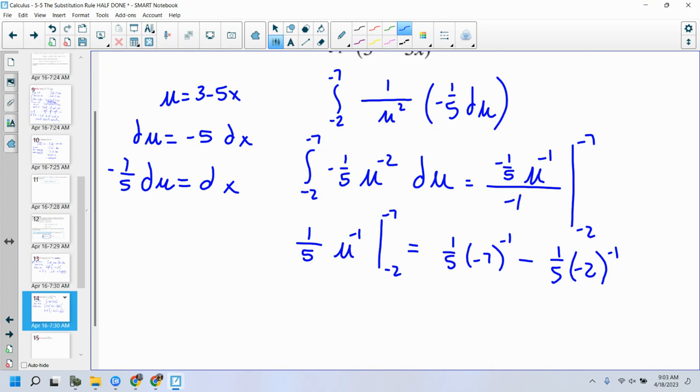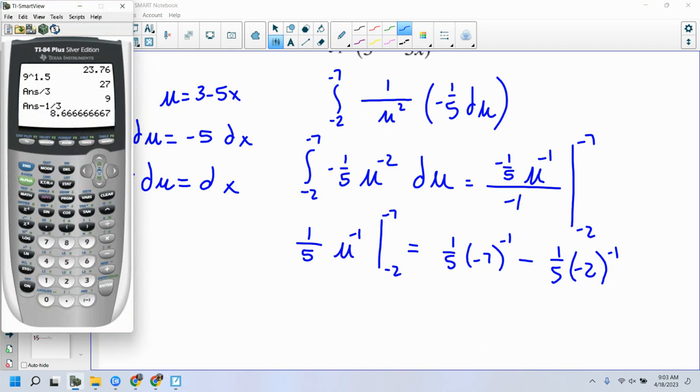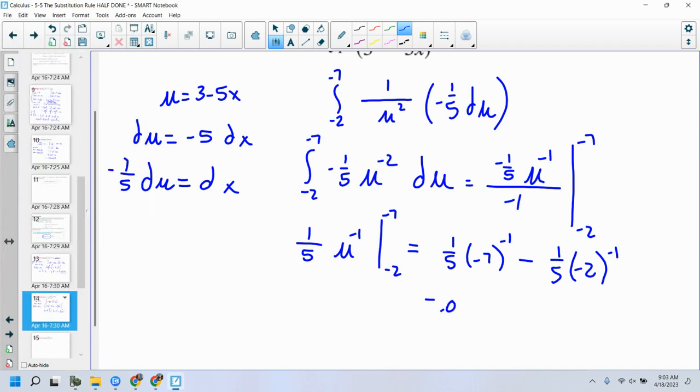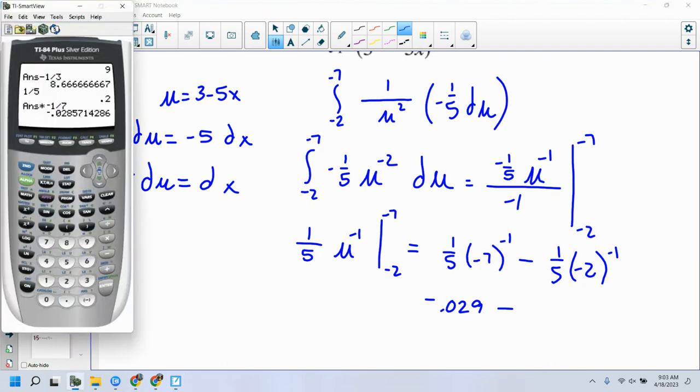So we have 1/5 times negative 1/7, right? Negative 1/7. So that decimal, negative 0.029, minus, and that's going to be minus a negative too, 1/5 times negative 2 to the negative first, which is negative 1/2.